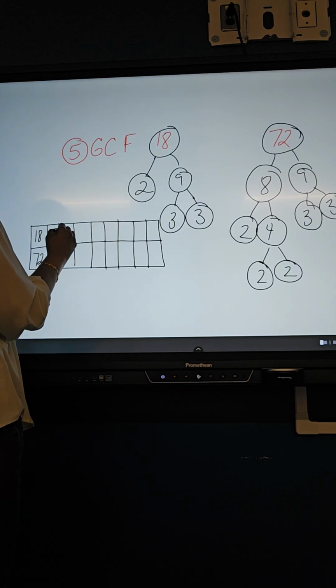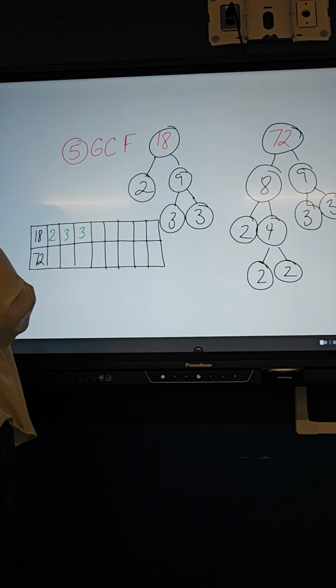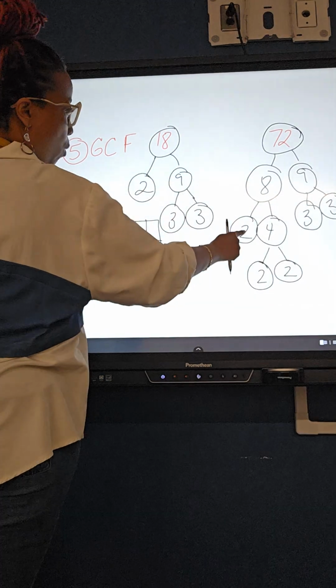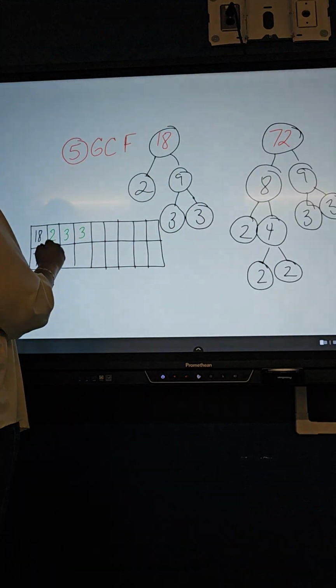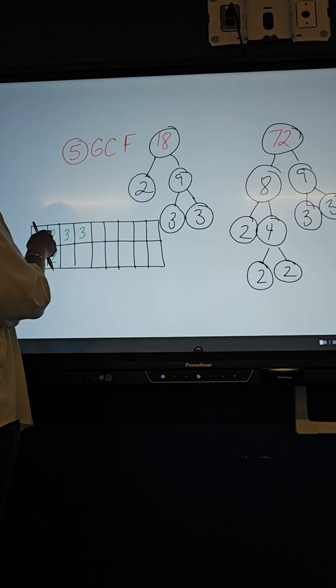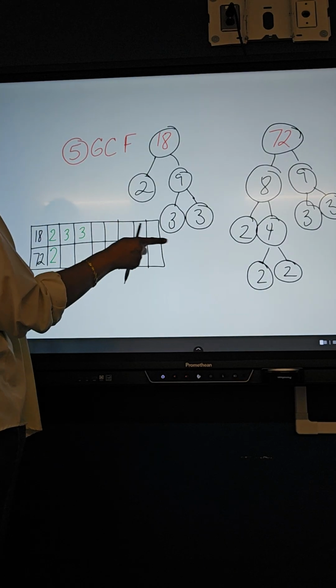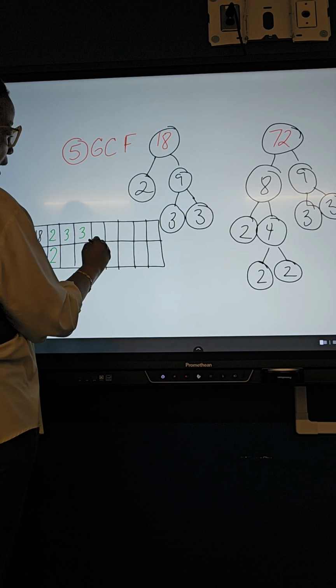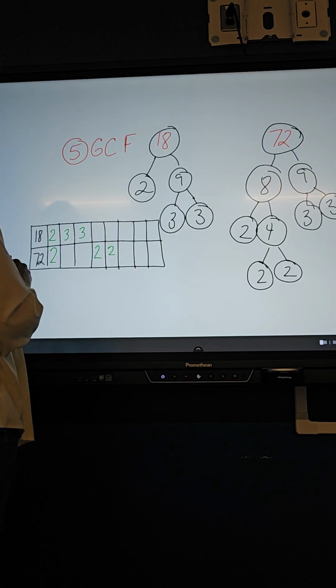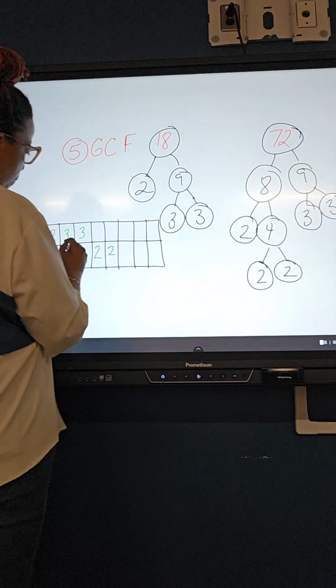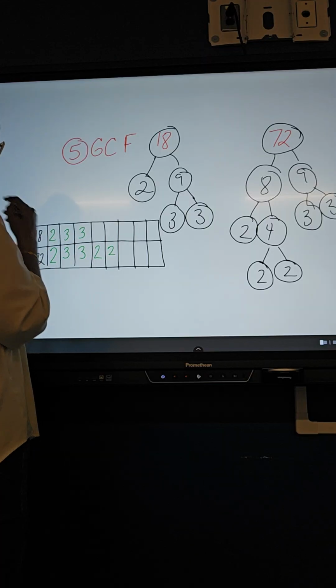I have a 2 and I have 2 3s. For 72, I have 1, 2, 3 2s. That 2 goes below that 2, but the other two 2s do not have a match, so they go in a column by themselves. Okay, then I have 3 and 3. Those match, so they go there.